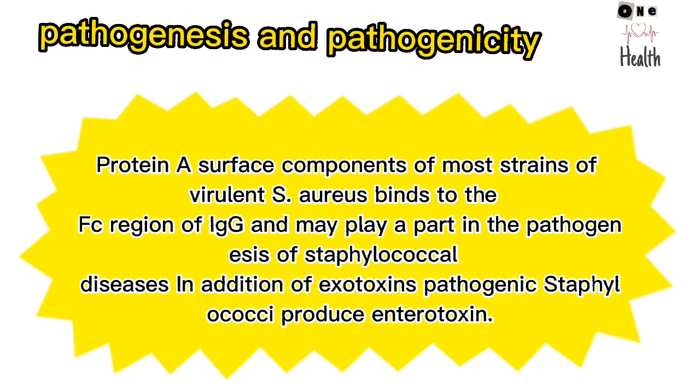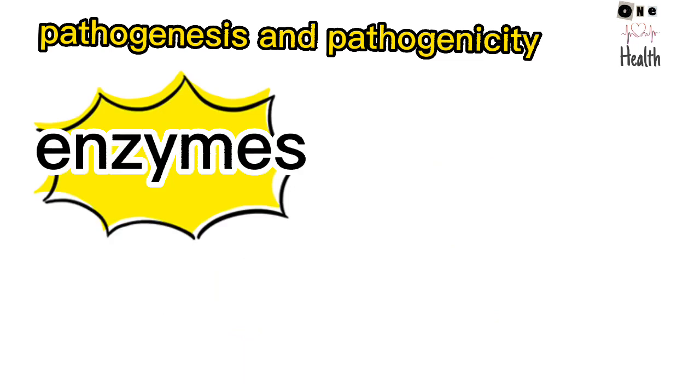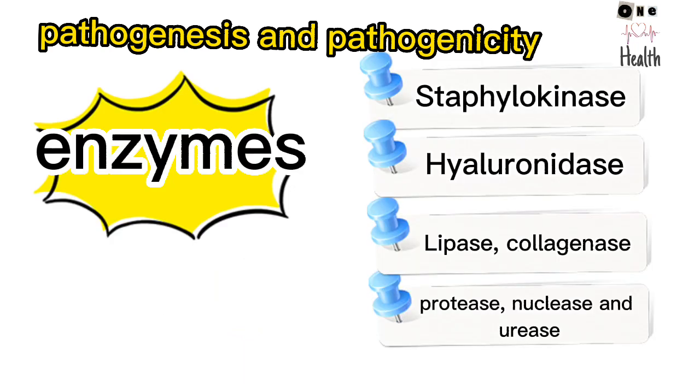There are 8 serologically distinct enterotoxins, A up to E and G up to I, associated with food poisoning in humans. They are heat stable, resistant to gastric and duodenal enzymes, produced by 13 to 15% of strains, and act as superantigens, activating mast cells to release mediators causing vomiting.